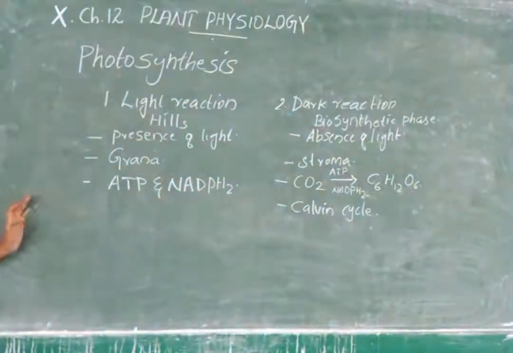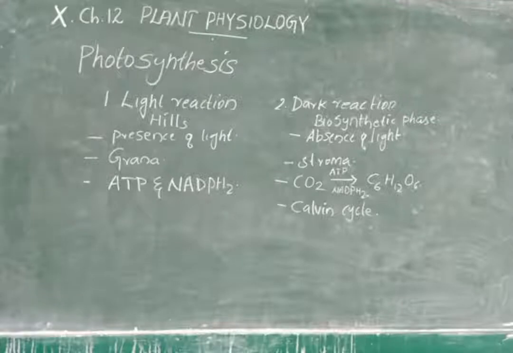So these are light reaction and dark reaction. In the Calvin cycle, the inputs are carbon dioxide from the atmosphere, and ATP and NADPH2 from the light reaction, and the output is carbohydrates and oxygen.